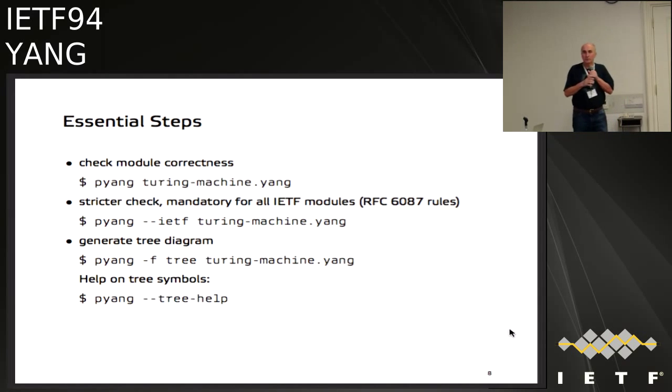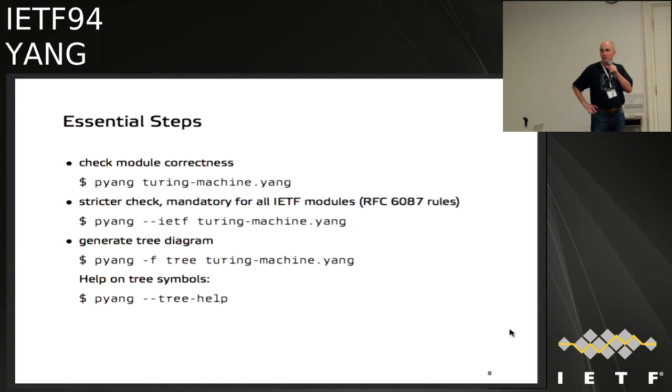And then, of course, if you want to see what the data model looks like, and this is also information that should be included in an internet draft, because it's very useful as an overview of the data model content, it's very useful to use the tree output plugin that gives you a tree-based representation of the data model.